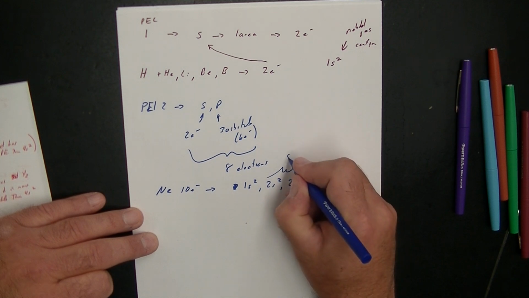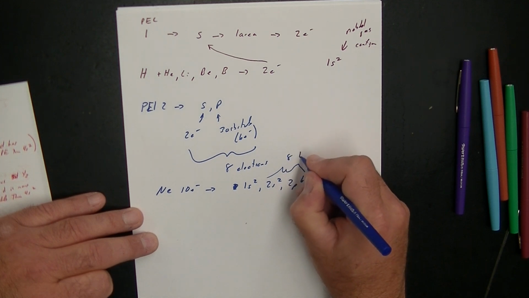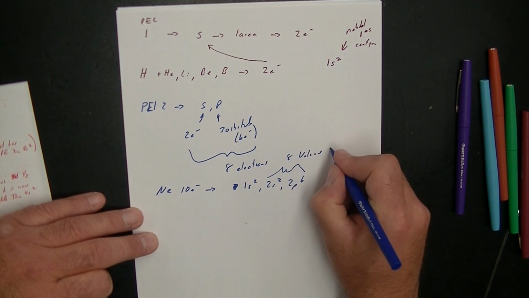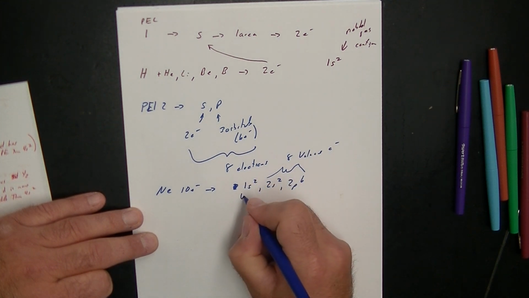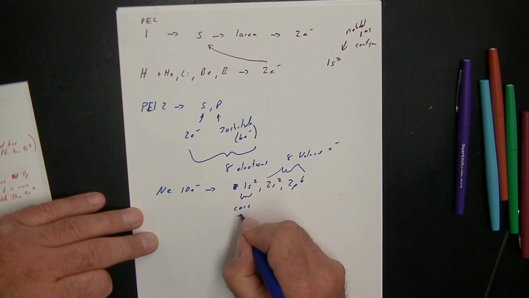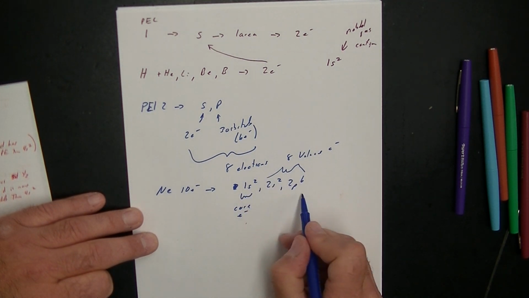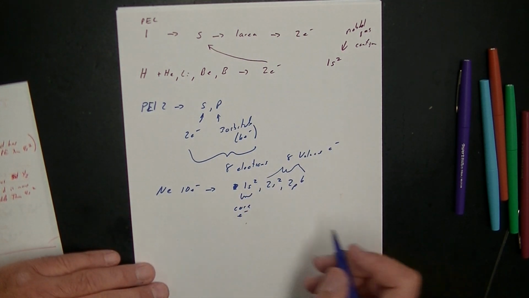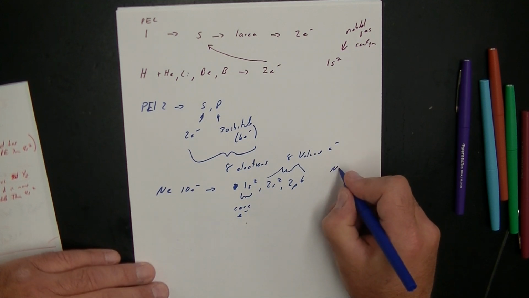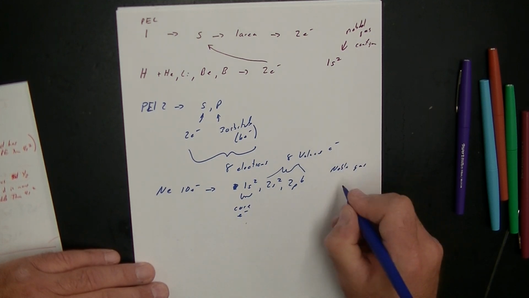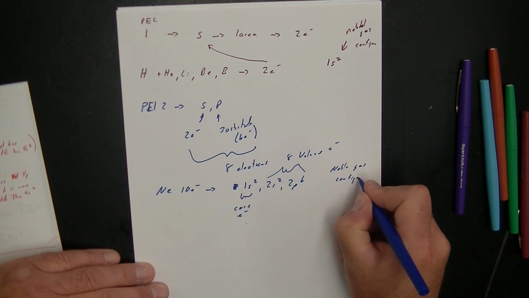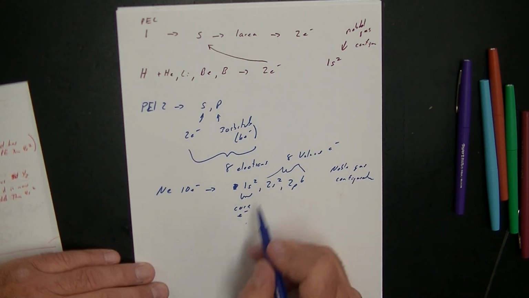Here are my 8 valence electrons. These are the core electrons, so my inner ones would be my core ones. The ones in the outer PEL are my valence electrons. Again, this is a noble gas configuration. It's very, very stable.